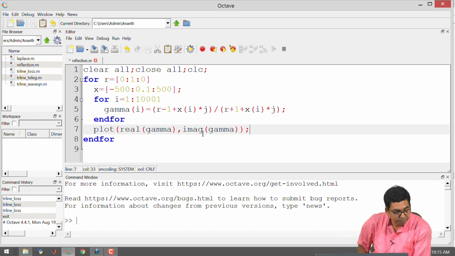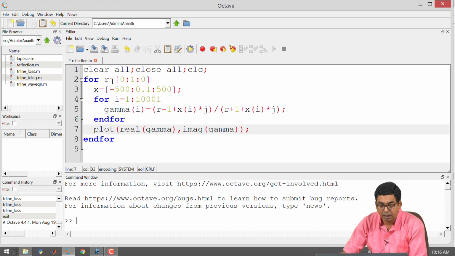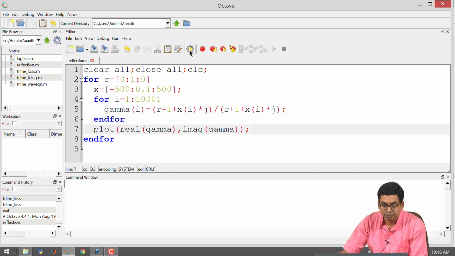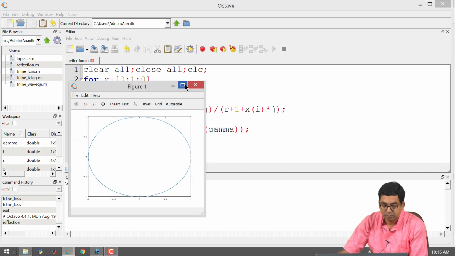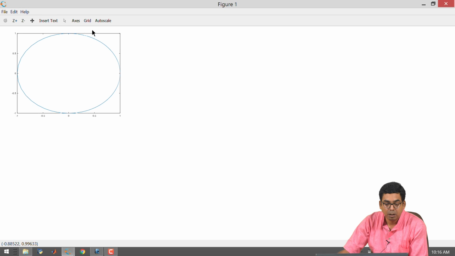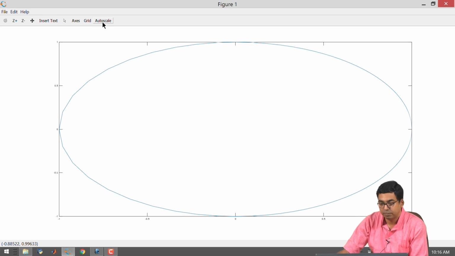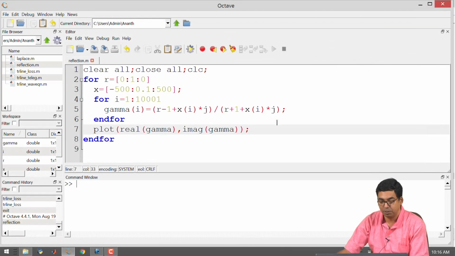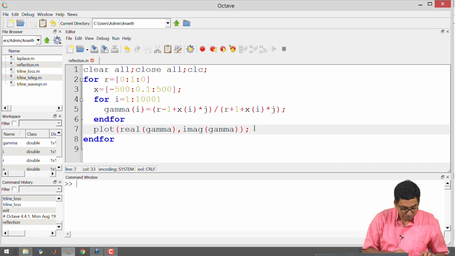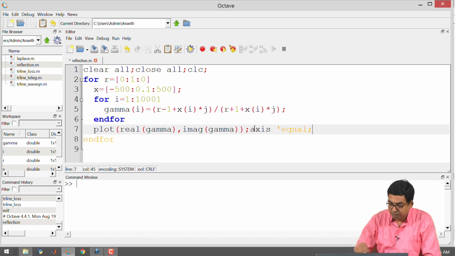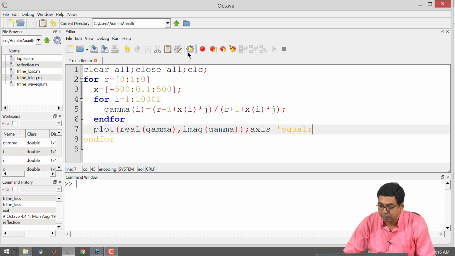Okay. And I am just going to run this, right. Now, it looks oval, so I am just going to use a command to make this a little bit more easy to interpret.